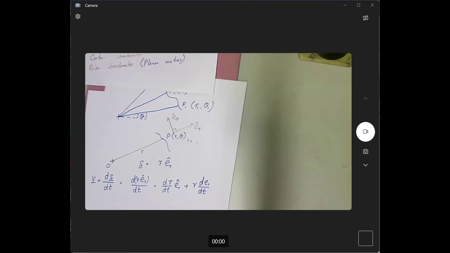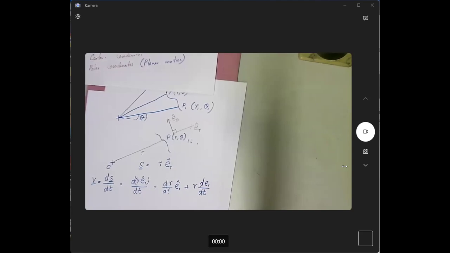You only need to check whether this e_r vector does depend on time or not, right? When you take the previous case, unit vectors i, j, k, they do not depend on time. So there is no differentiation with respect to time. But when you look at how we define this e_r vector, you can see that it is oriented always along the OP line. That means when the particle moves, this point P is going to change.